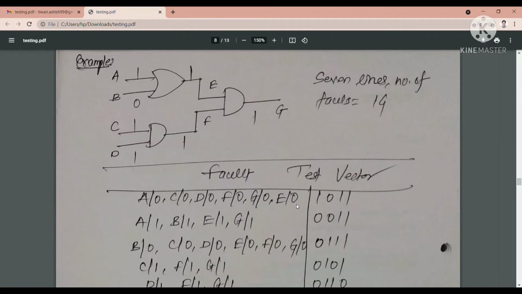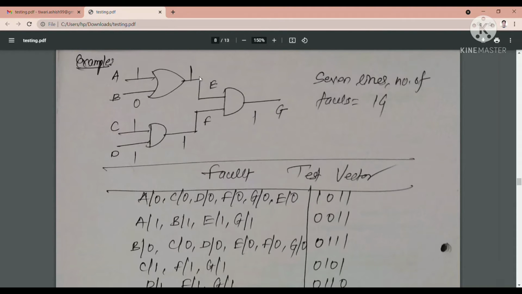How we can test these particular faults, I already told you in the previous lecture, but for your sake of understanding at this moment, I will explain about this 1011 and all these faults that we can test. So A is stuck at 0. If A is stuck at 0 by any means or any fault, since we are applying logic 1 here and we are saying that A is stuck at 0, then what will be the output of this OR gate?